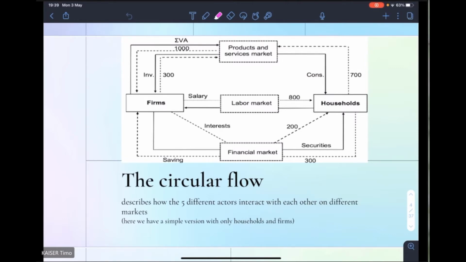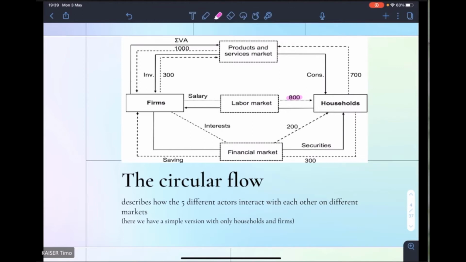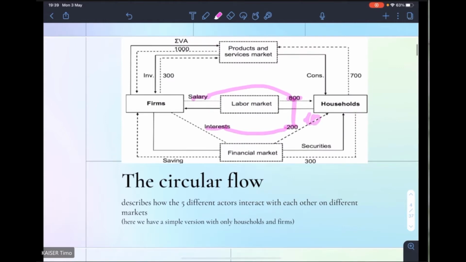In this circular flow, the salaries are here and the interests are here. We don't see the profit, it's not on here. So this will be our GDP, which is equal to 1,000.